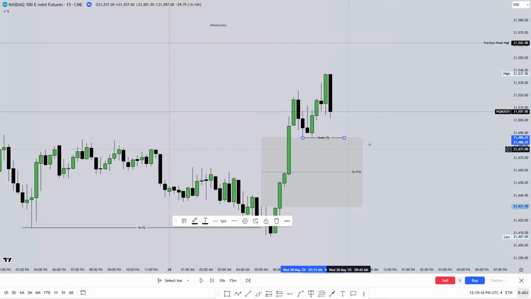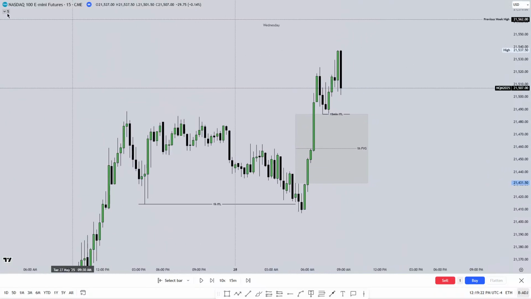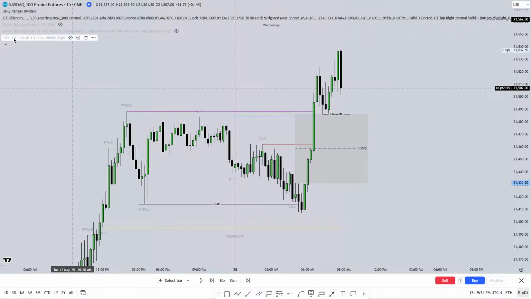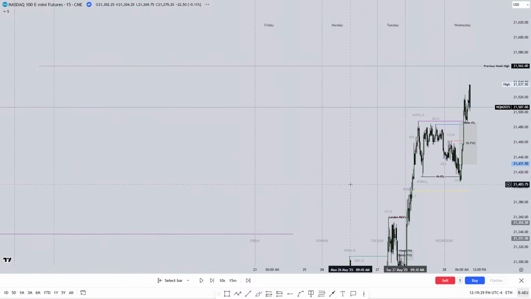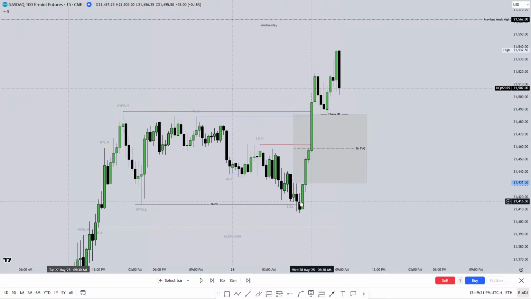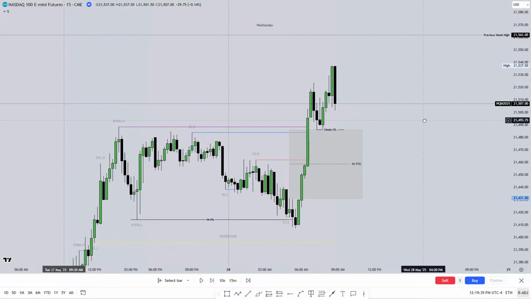So a 15-minute internal low or intermediate term low, because it was inside this 15-minute right there. I want to see where my session liquidity is. Okay, so we can really count this as London low. I would not want to see us hit this. And pretty much everything else has already been hit.